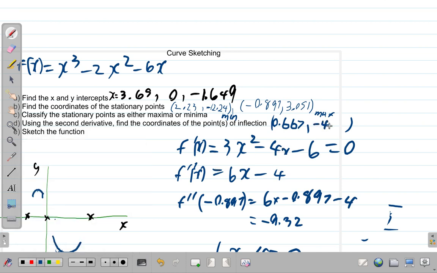Negative 4.59. All right, so we have the coordinates of the point of inflection.